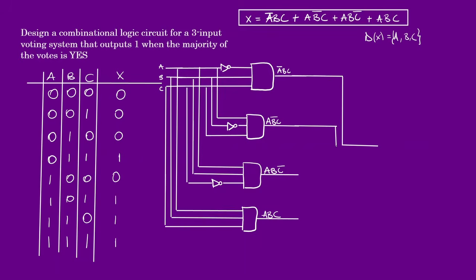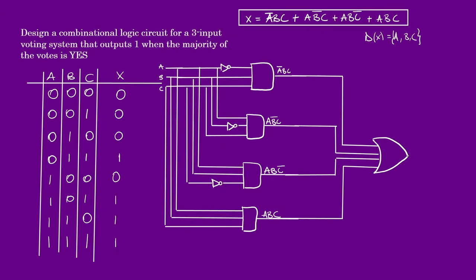So AB not C can come close. AB not C can also get over here, and ABC will get in on the action. So we have 4 inputs here, and all of these will now lead into our final OR gate that will look something like this.